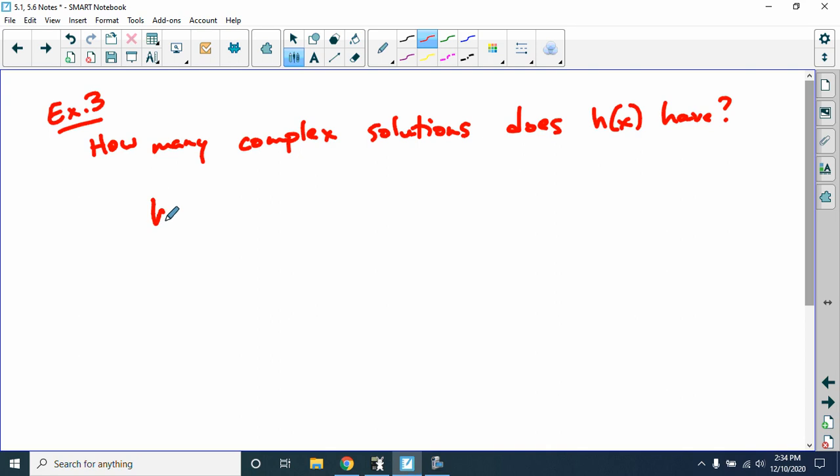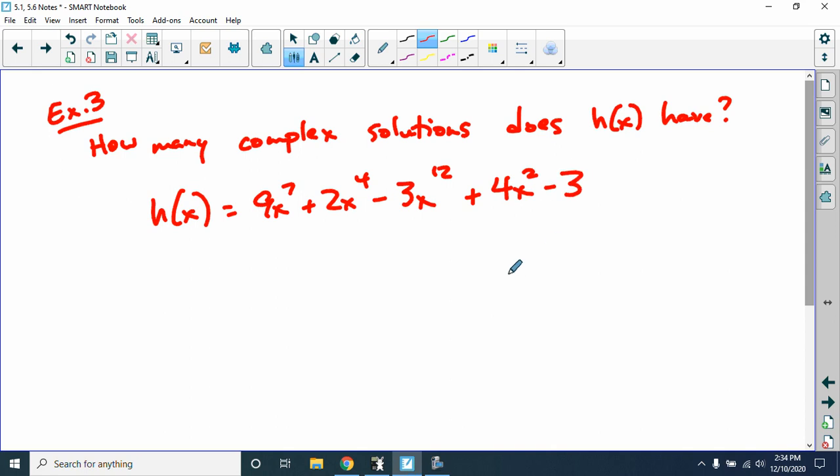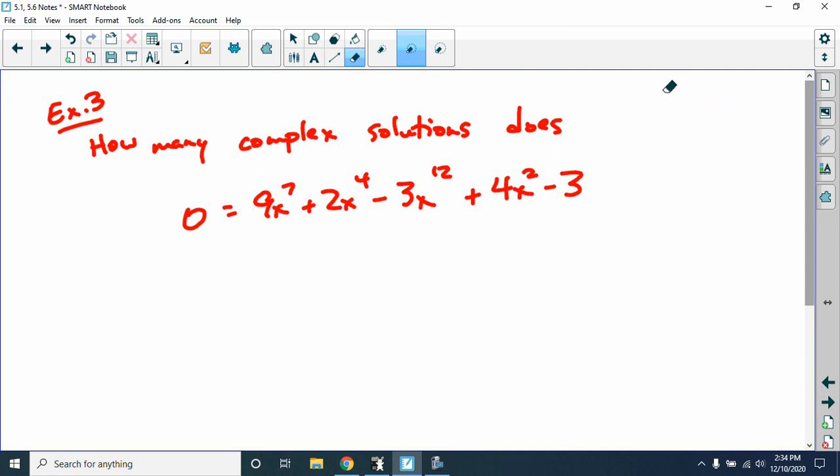And we are given h of x is 9x to the 7th plus 2x to the 4th minus 3x to the 12th plus 4x squared minus 3. How many complex solutions does the equation have?